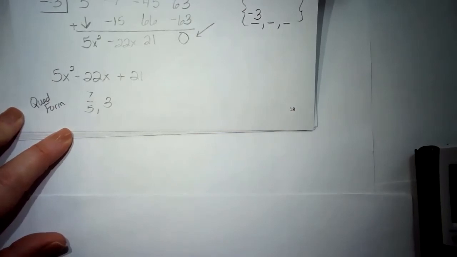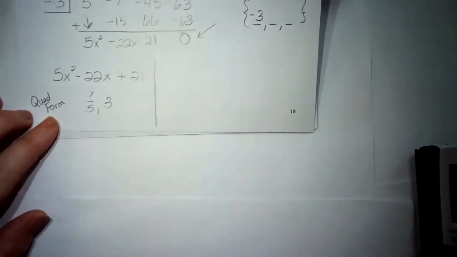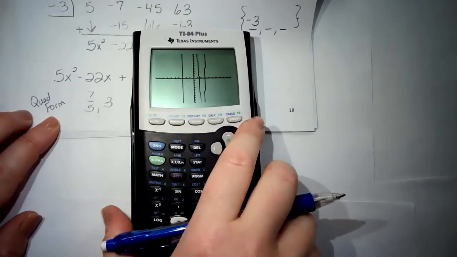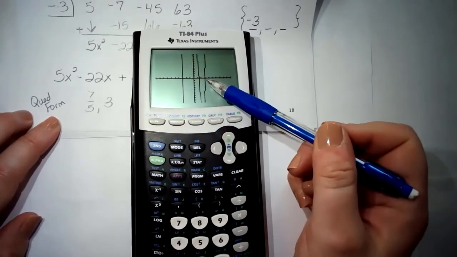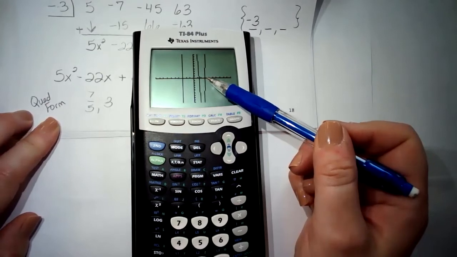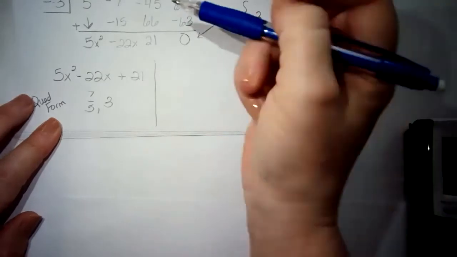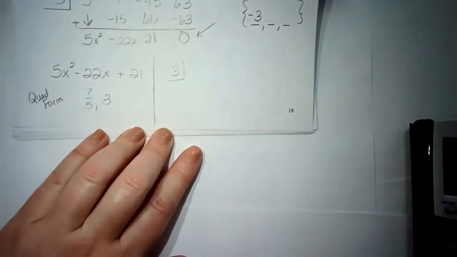Or if you don't want to use quadratic formula, if you remember in the calculator, I still had another nice 0. Remember that? I used -3, but I had this other nice one here for +3. I could do synthetic again with a +3. So I could do 3 on the shelf.